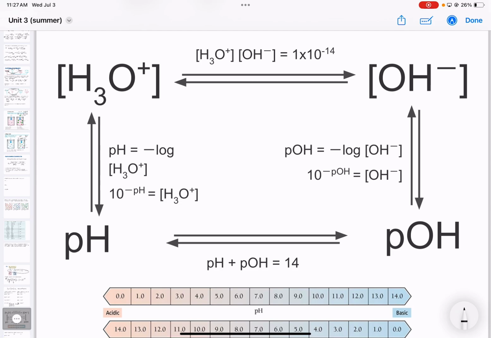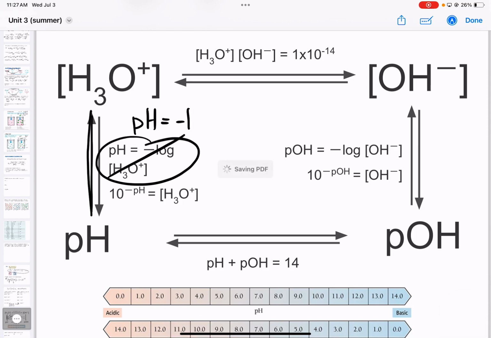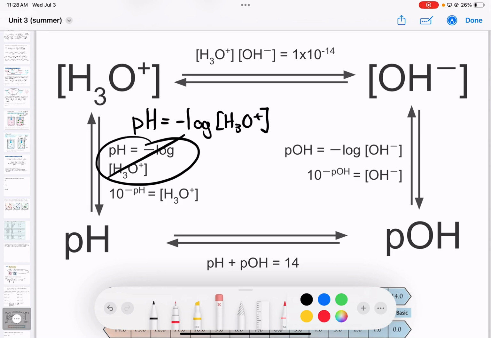To get from pH to H3O plus, that formatting got messed up. pH equals the negative log of the H3O plus. Okay, so if you have the H3O plus and you want to get to the pH, that's this arrow.